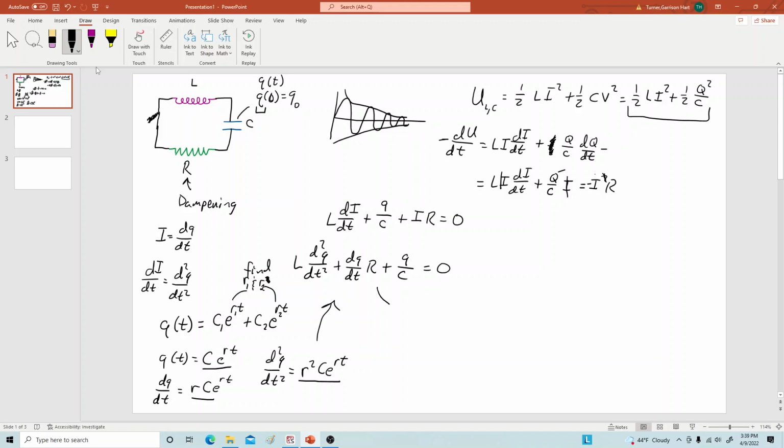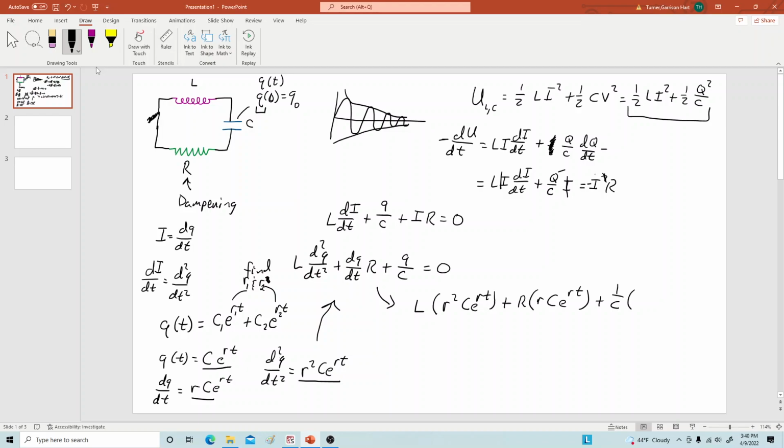And doing that is going to yield L times r squared C e to the rt plus R times little r C e to the rt plus 1 over C from right here times Q, which is C e to the rt.